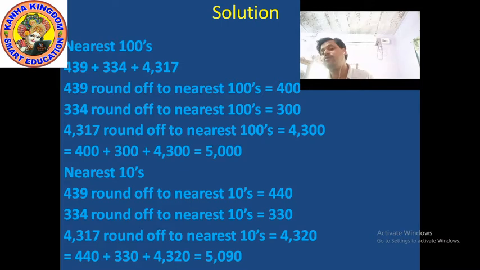Now 770 plus 4320 becomes 5090. Clear? So now you understand how you converted to the nearest 100 and got the answer, and after that you converted these numbers to the nearest 10. Okay, very good.